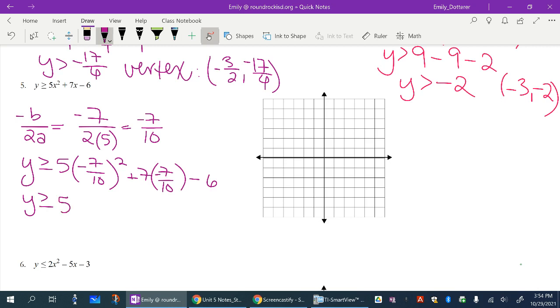Okay. So negative 7 over 10, quantity squared is 49 over 100.